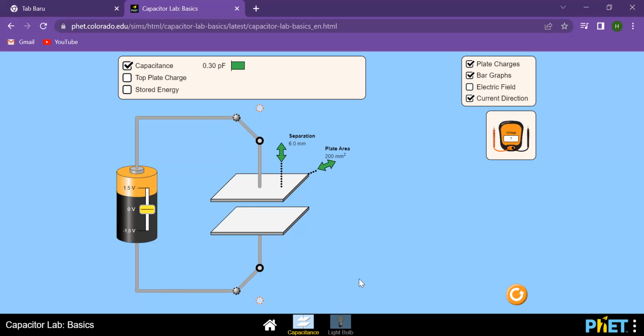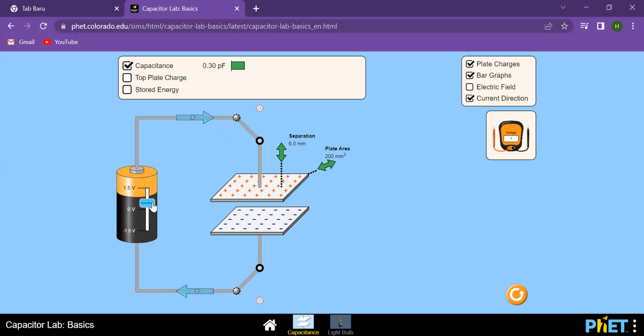Now I'm going to show you that two things affect the capacitance of the capacitor. Firstly, the width of these plates affects the capacitance of a capacitor. Look, if I create these capacitor plates, I will first increase this potential difference.